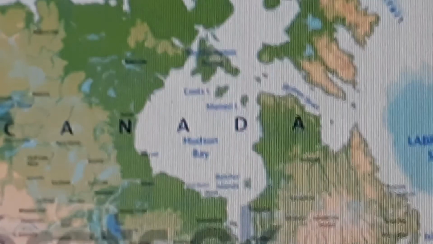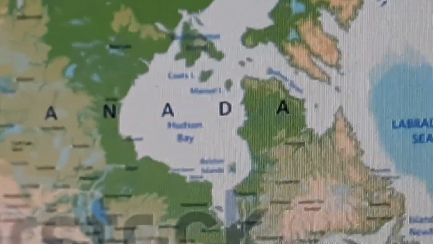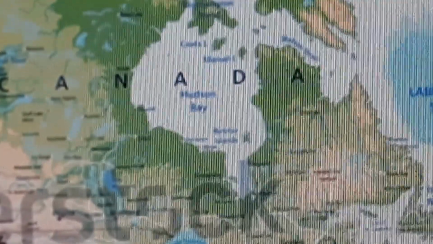The ice that covered the shield generally formed rivers and lakes, and there are 5 lakes which form the southern boundary of the Canadian Shield.